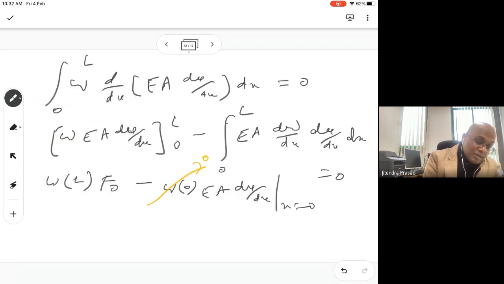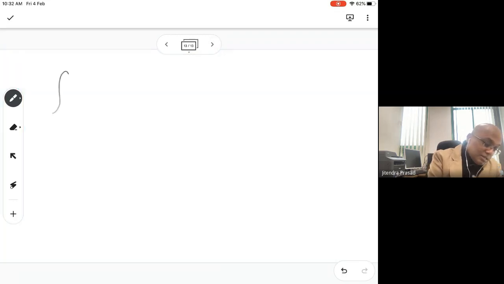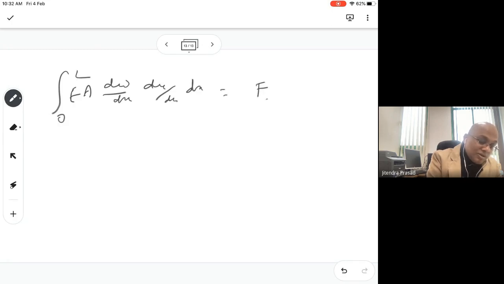Okay. And then we have minus this value. So we have the integral from 0 to L of EA dw over dx du over dx equal to 0, or simply we get EA dw over dx du over dx from 0 to L is equal to F naught WL.